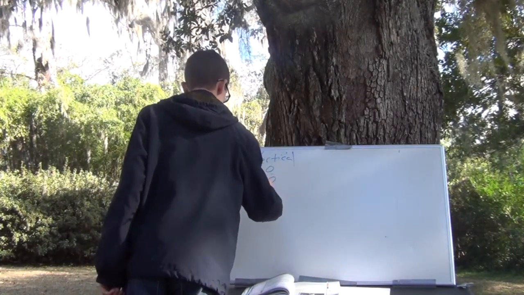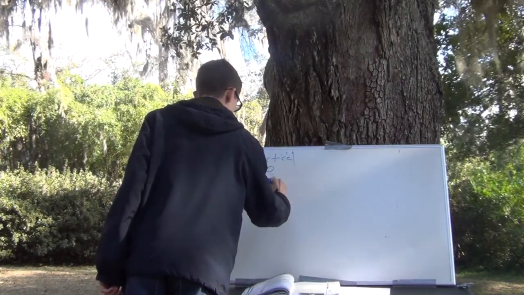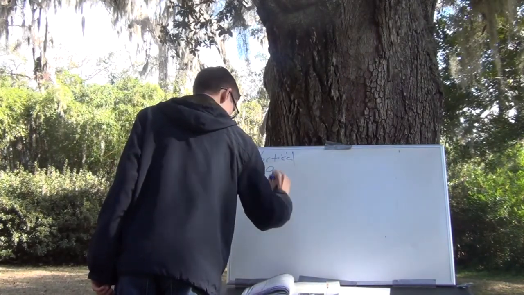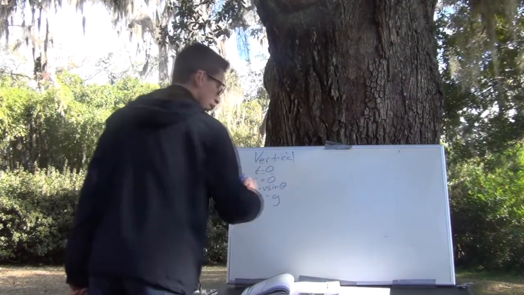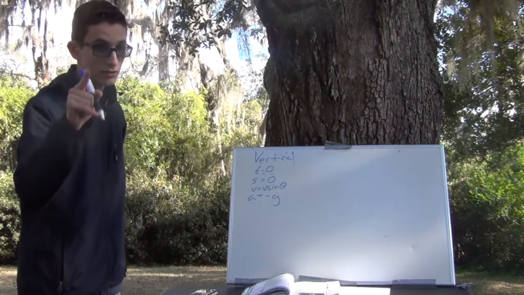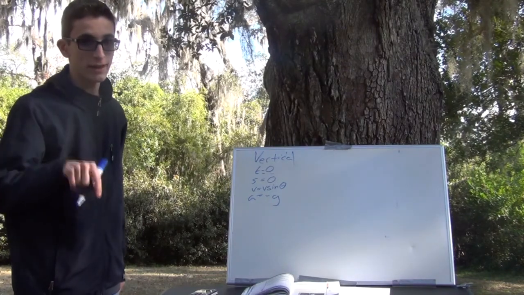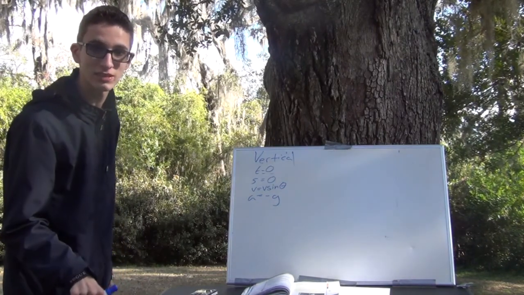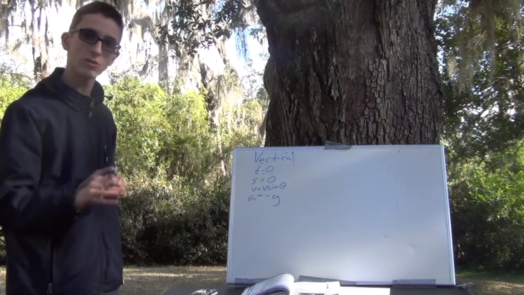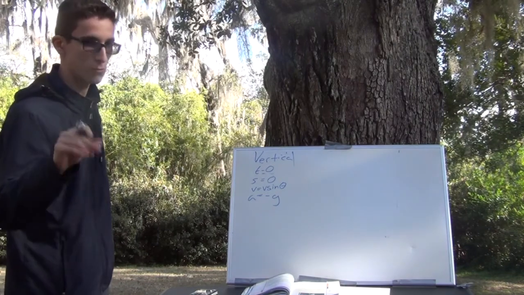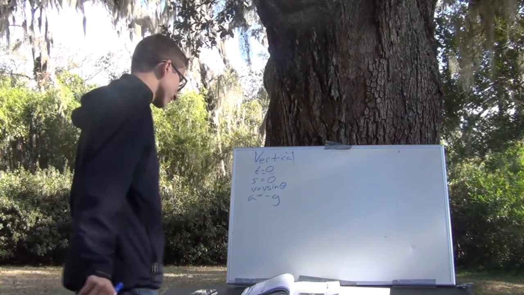Our velocity, because now we're doing vertical, is v sine theta, and our acceleration, for now, is negative g. Because gravity always applies. It's always accelerating you. Right now, you're sitting in your chair watching this video, and gravity is accelerating you at 9.8 meters per second squared towards the center of the Earth. It's only the ground that's stopping you from rocketing downwards into oblivion. So be thankful for that ground.